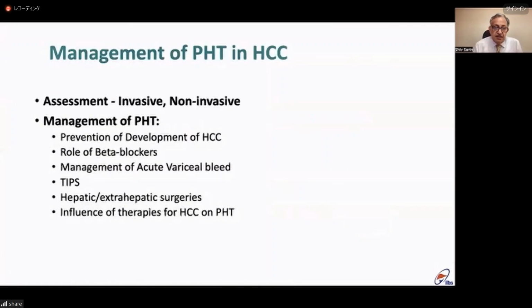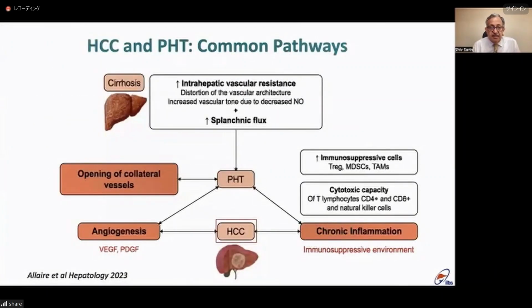I will try and cover the management of portal hypertension in HCC in the next few minutes. The assessment of portal hypertension and the management are both important aspects. The pathways of development of HCC and portal hypertension in a cirrhotic have something in common.